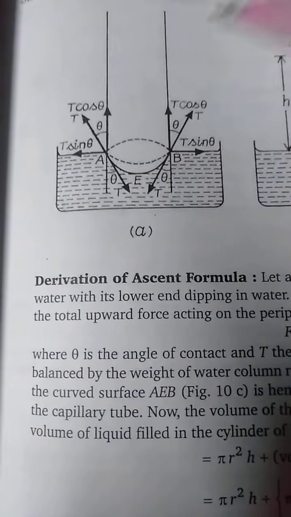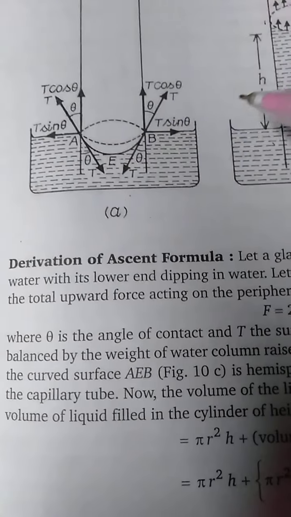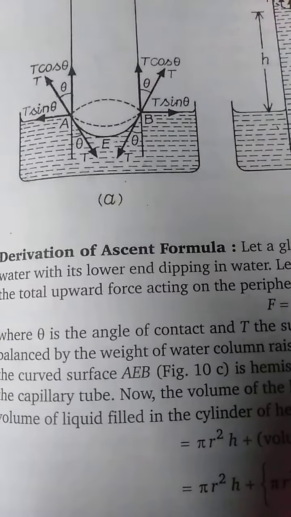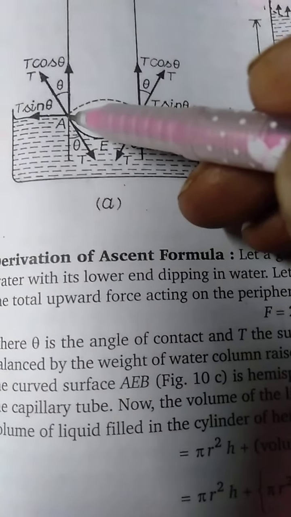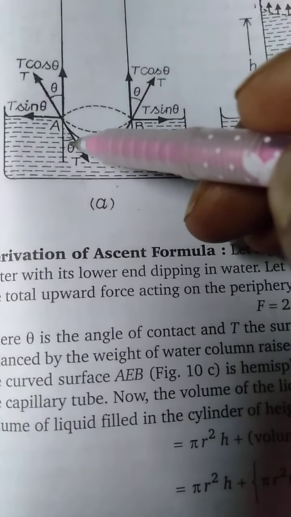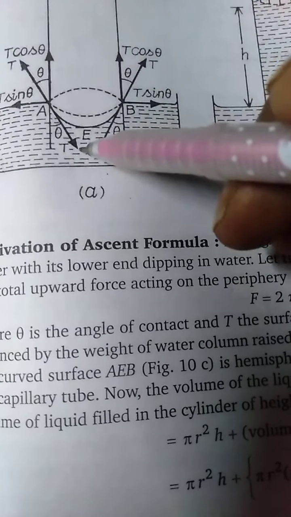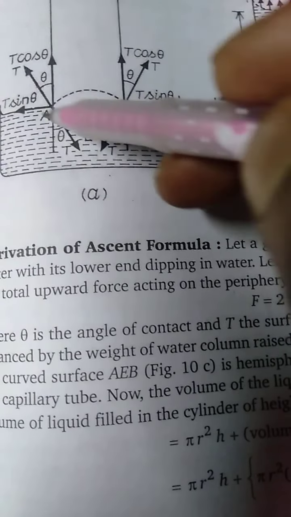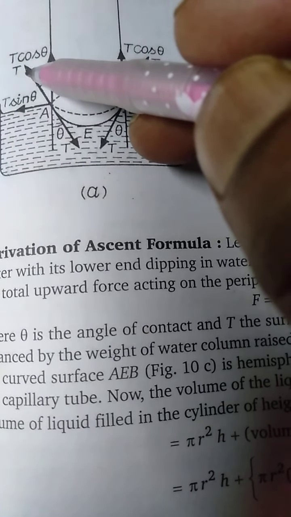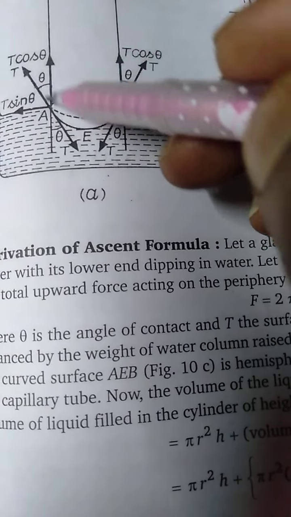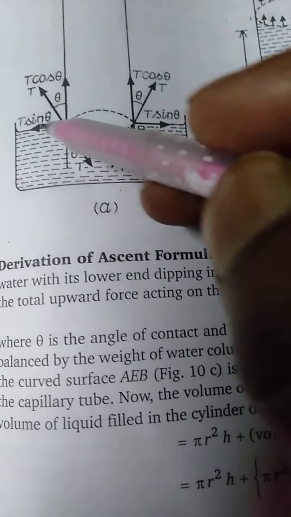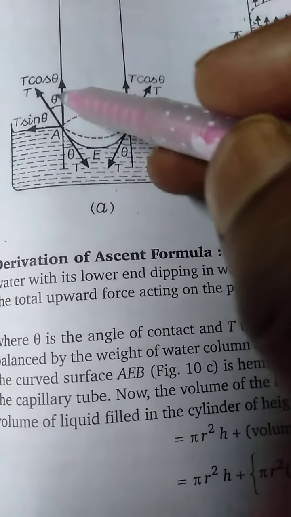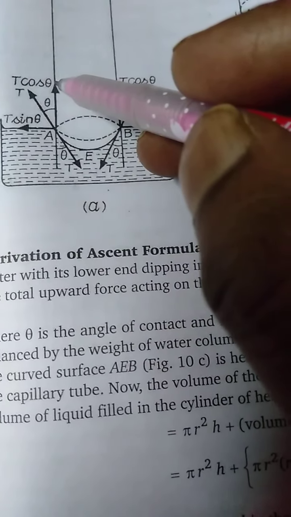Let us try to understand the mechanism of capillarity, that is, the rise of liquid in the capillary. Suppose this is the direction of surface tension. Surface tension acts along the meniscus of the liquid, along the tangent. This has been resolved into two components, T sin theta and T cos theta.